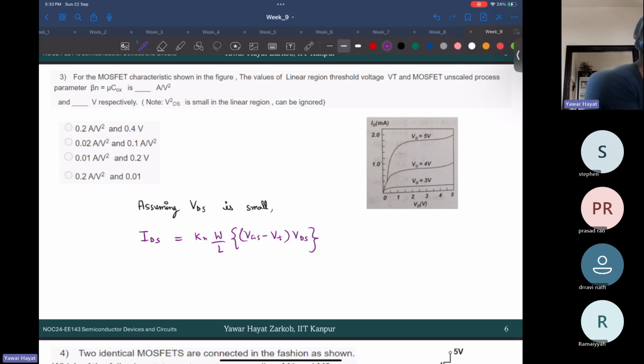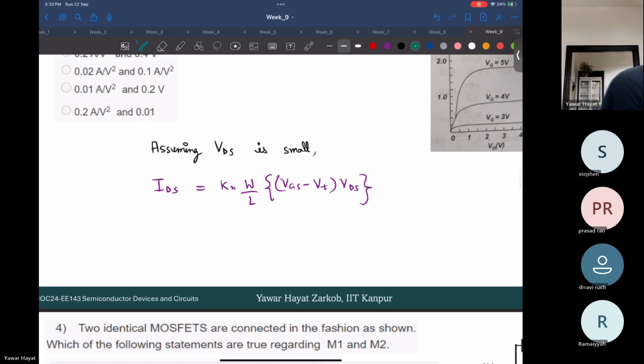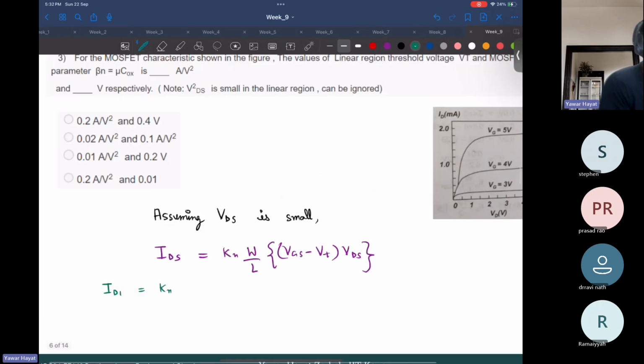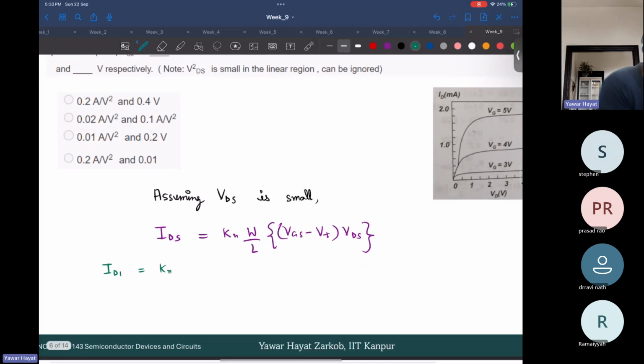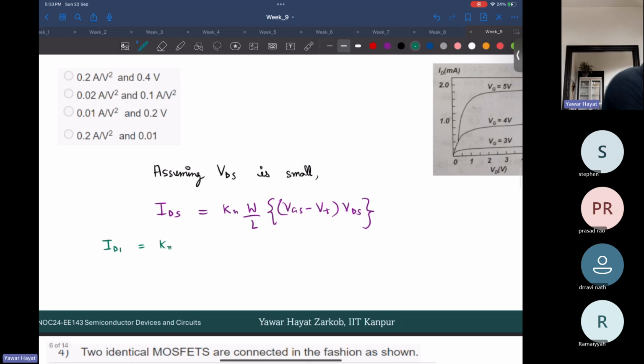What are those two equations? Your ID, say ID1, is equal to Kn. I'm using Kn for this beta, this is mu and Cox. So this is Kn, W by L, VGS minus VT, VDS1.